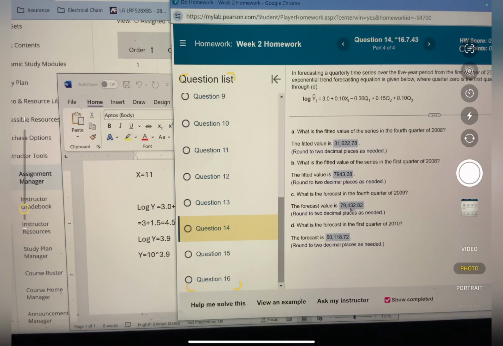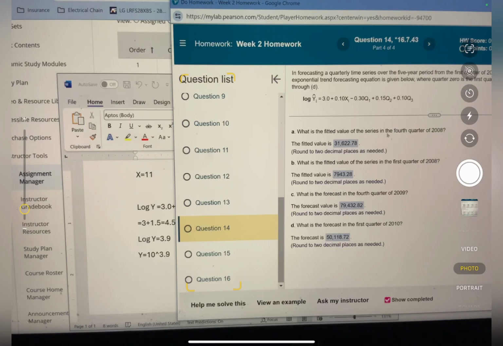Okay, the same way you're going to do it for the fourth quarter of 2009. So here we have 2005 is 1, 6, 7, 8, 9. 2005 to 2009, 5 years. 5 times 4 is 20, and minus 1, because we are coding from 0, it's going to be 19.